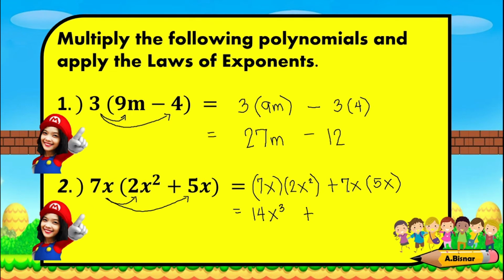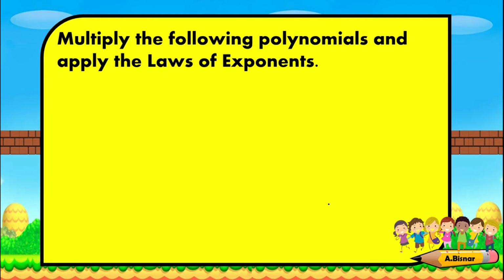Plus 7x times 5x. 7 times 5 is equivalent to 35. And then, let's add the exponent of x. So we have here 1 and then 1. And so the exponent will be squared. Well, from here, the answer will be 14x cubed plus 35x squared.